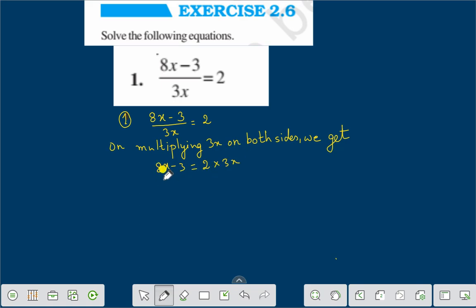That is, we are getting 8x minus 3 is equal to 6x.